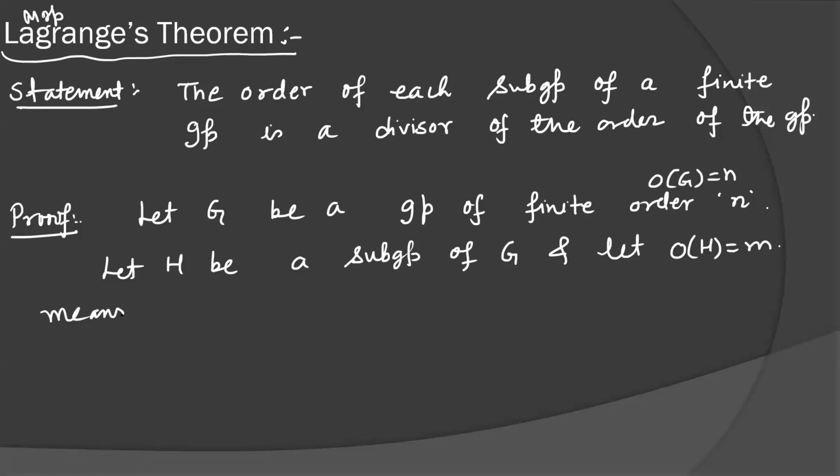Means if the order of the subgroup is M, then H has M distinct elements: H1, H2, H3, up to Hm.